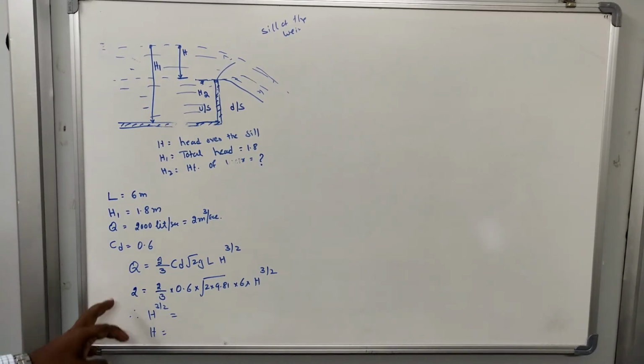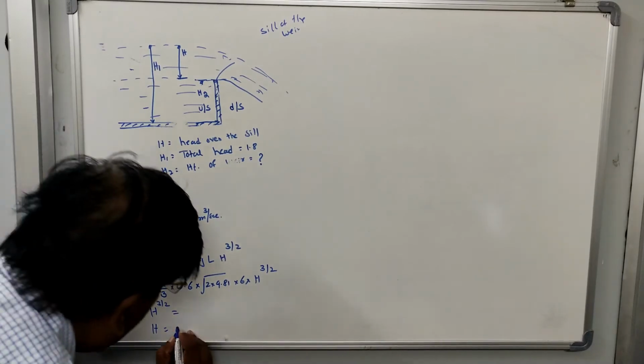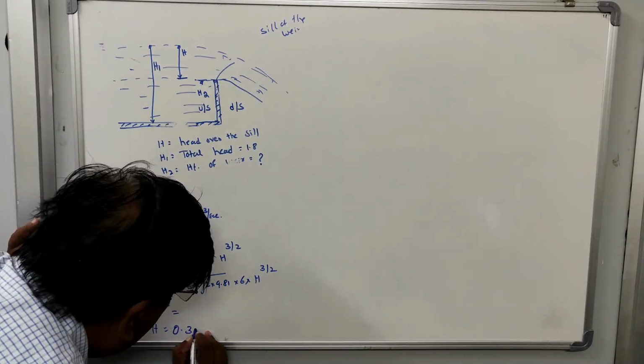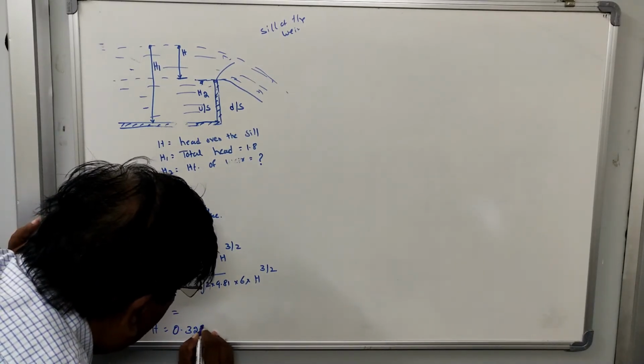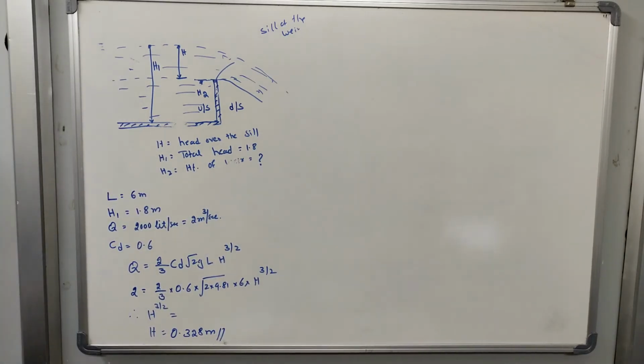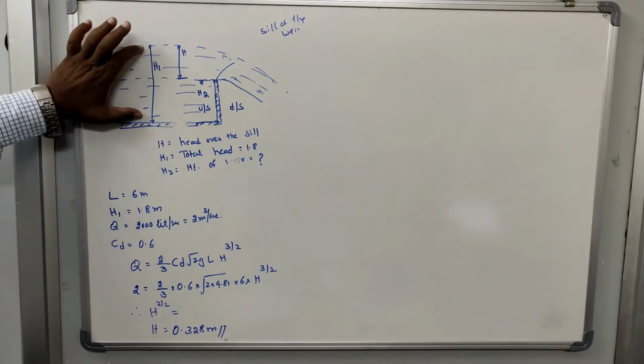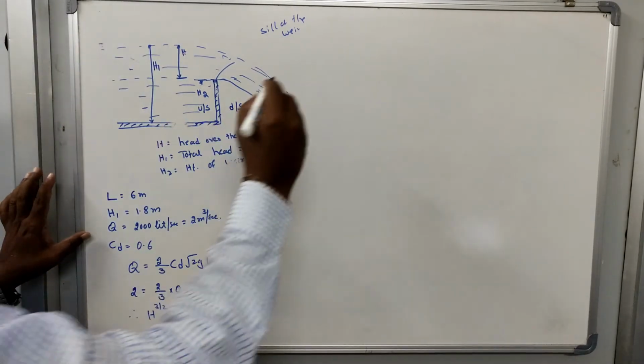If you have calculators, simplify this equation. So H you are getting 0.328. Please calculate. Once you know the value of H and H1, you find the height of the weir.